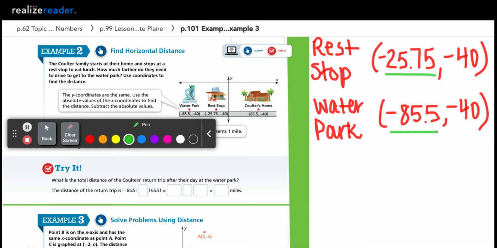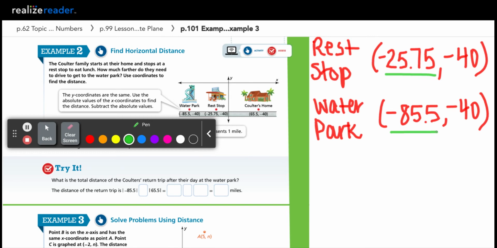Now, we do that by looking to see where these points are in relation to each other, and then also looking to see where they are in relation to either the x or the y axis. So we notice that the x coordinates are different. So let's figure out what we will have to do with these numbers.